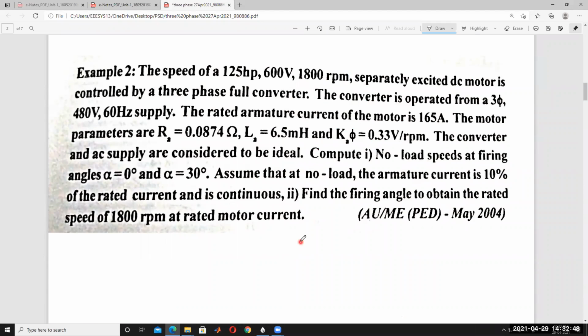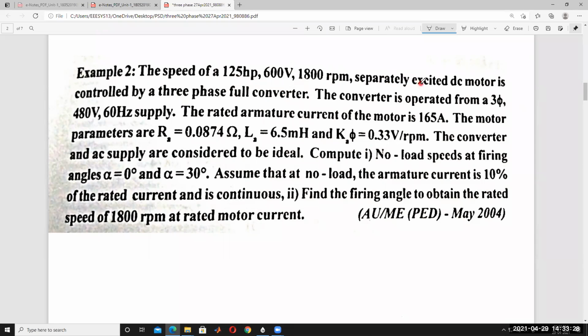All of you take the question fast because of less time. The speed of a 125 HP, 600 volts, 1800 rpm separately excited DC motor is controlled by a 3-phase full converter. These are the motor specifications: 125 HP, 600 volts and rated speed 1800 rpm.